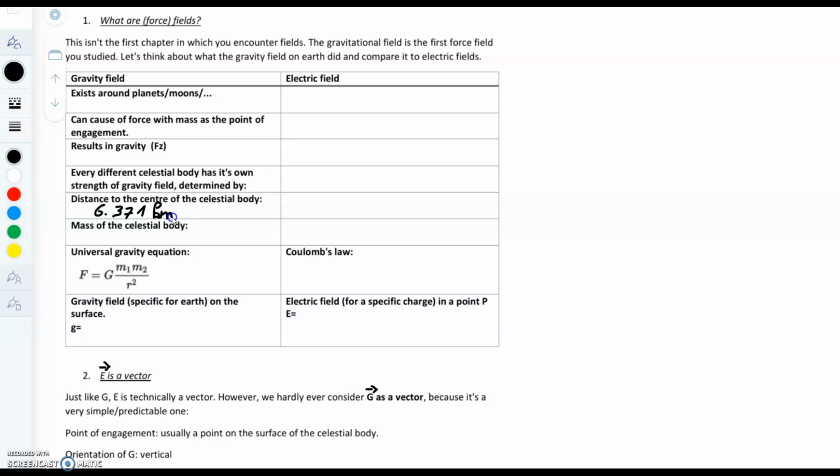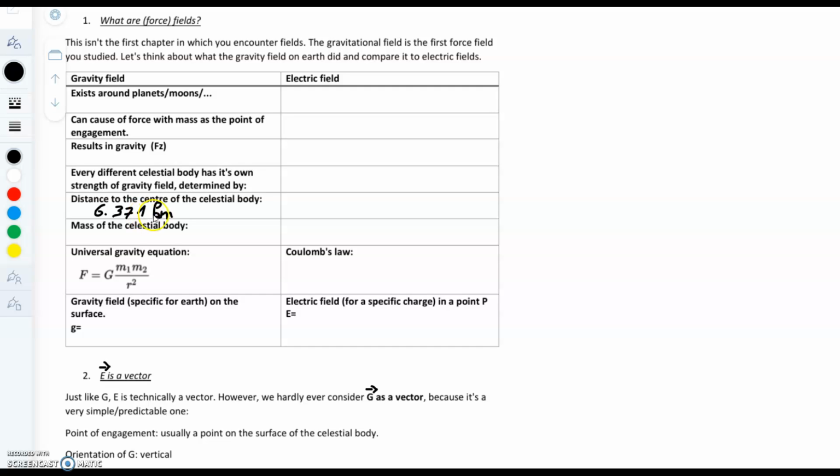Now, usually when we are talking about gravity, we can consider that we're pretty much on the surface of the planet. If you compare this, for instance, to the highest point on Earth, being Mount Everest, which is an enormous mountain, being 8.8 kilometers tall, well, when you look at how much difference that makes, whether you're talking about 6,371 or 6,379 kilometers, it makes virtually no difference in this case.